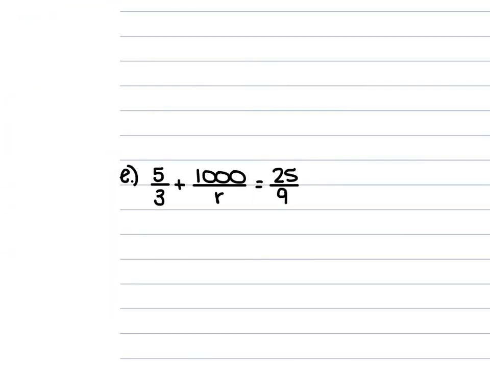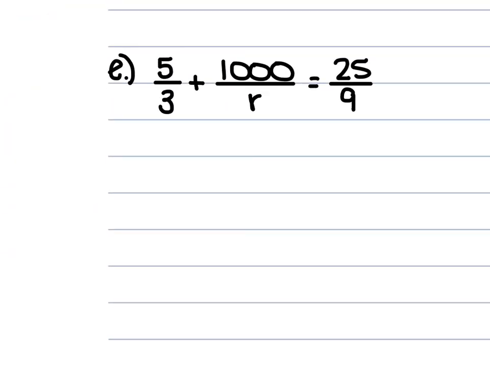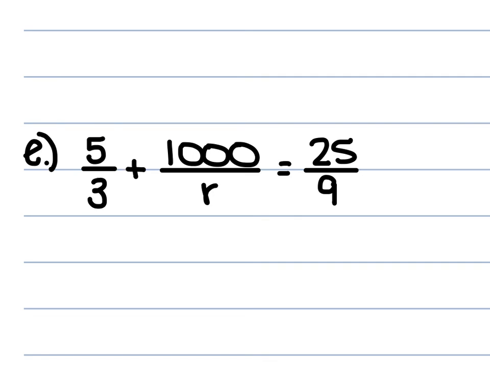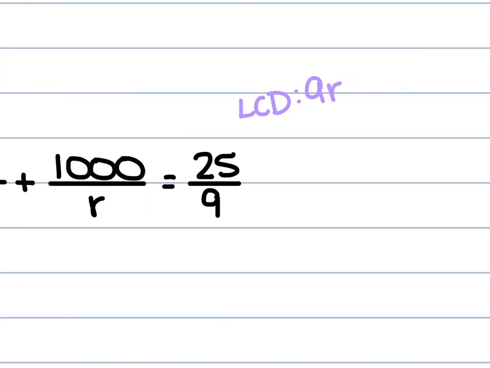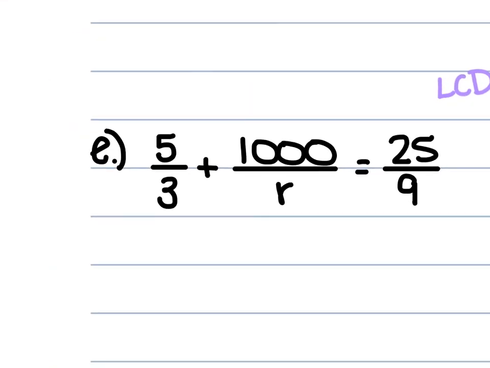If we look at E, we have 5 over 3 plus 1,000 over R is equal to 25 over 9. So our least common denominator here is 9R. So if we put the 9R is not equal to 0, divide by 9, R is not equal to 0. So R cannot be 0.